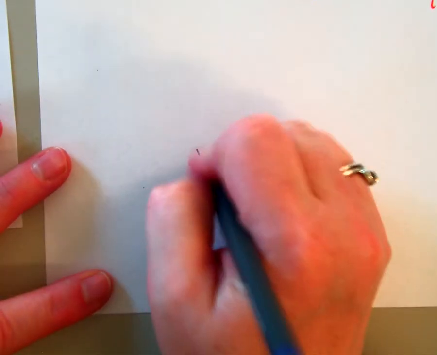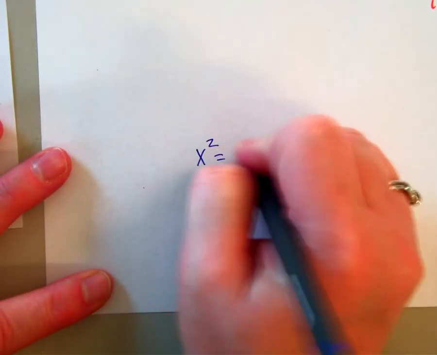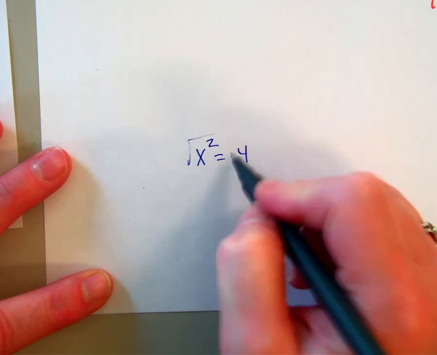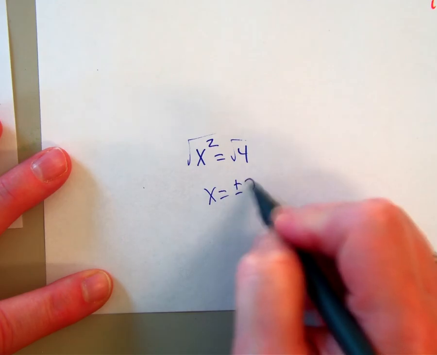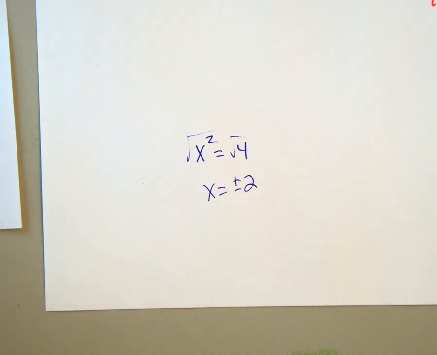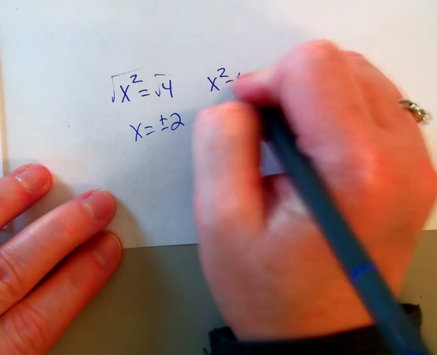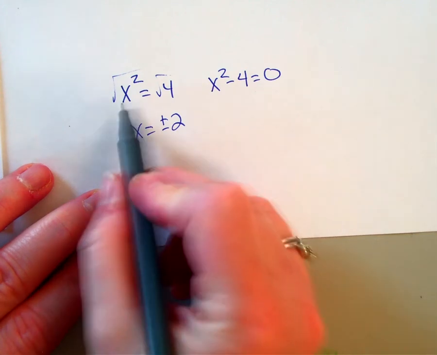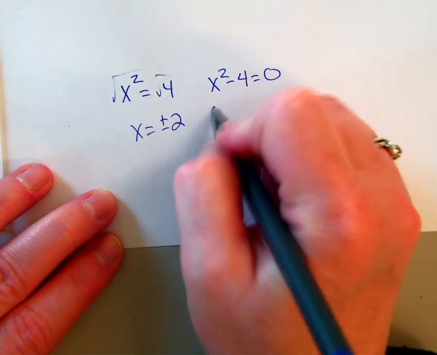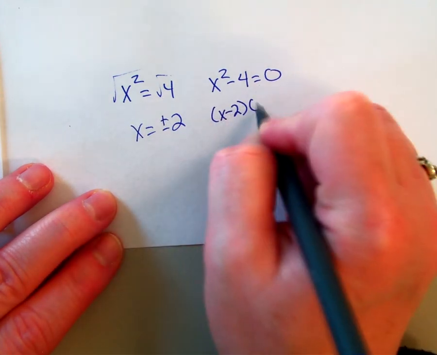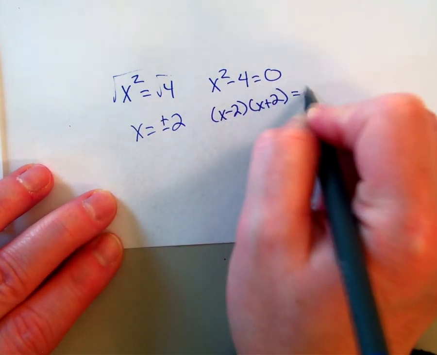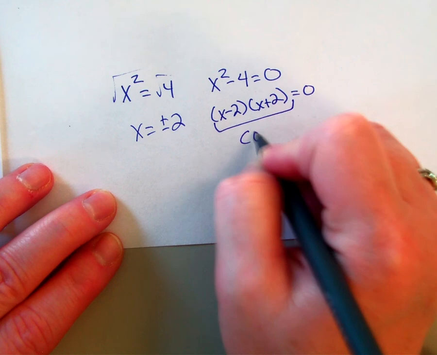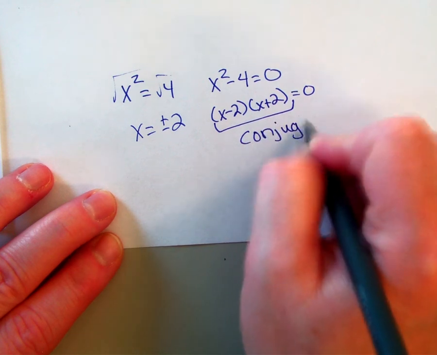So like, let's say, for example, I have x squared equals 4, square root it, and I actually get plus or minus 2. Those are technically conjugates. If I were to have left this like that, x squared minus 4 instead of square rooting here, and I factored, these are conjugates.